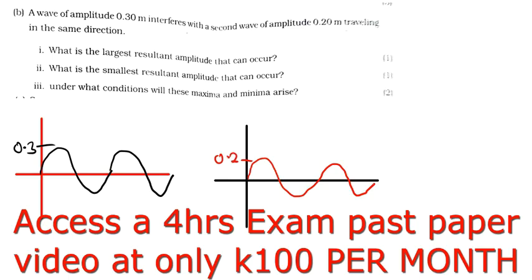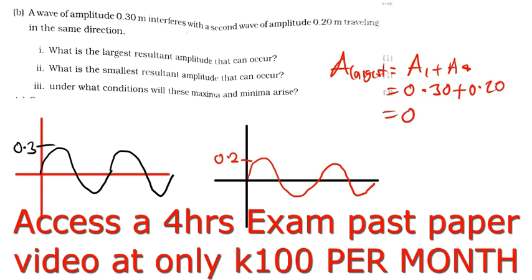The largest is just to add this and that. So the largest amplitude will be equal to amplitude 1 plus amplitude 2. Amplitude 1 is 0.3, then 0.20.